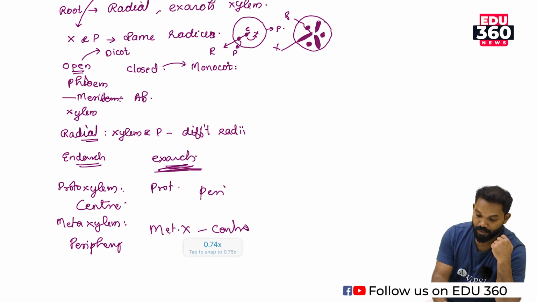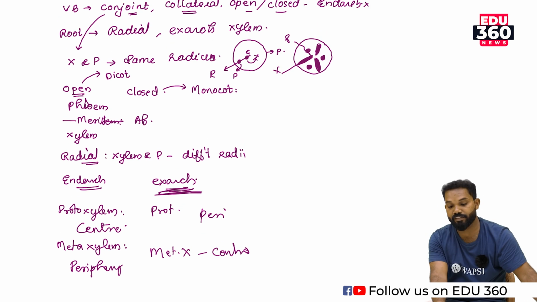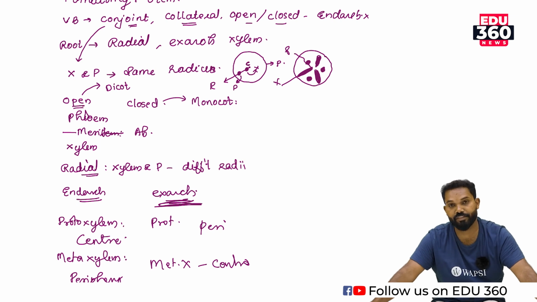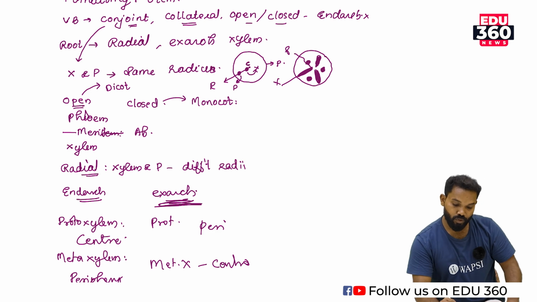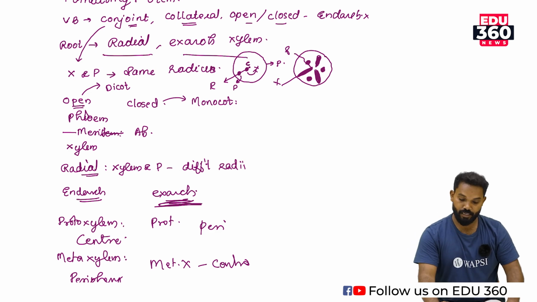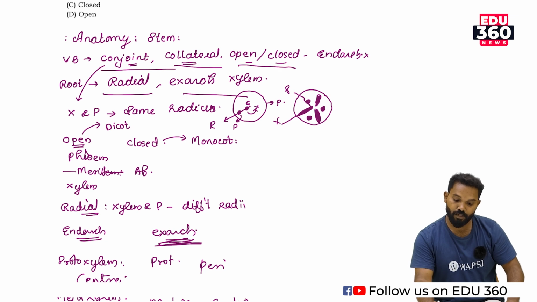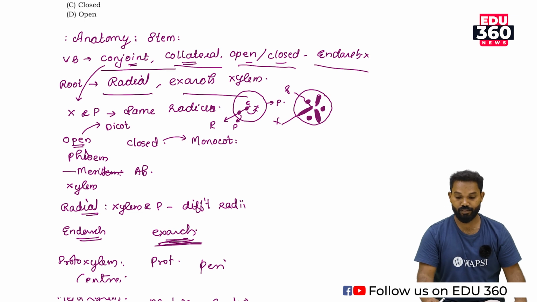That means the arrangement in stem is endarch and in root is exarch. That's why the vascular bundle of root is radial and exarch. The vascular bundle of stem is conjoined, collateral, open or closed, and endarch.